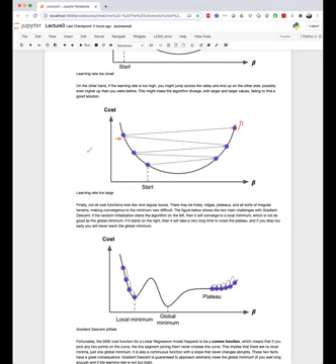Then you move this way, and since your step size can be large, it can move to here, or it can move to here. It can cause oscillation. That means, since your step size is too big, you are going in the downhill direction and then the uphill direction, which means the solution is oscillating around the true minimum, and it never moves to the true minimum.